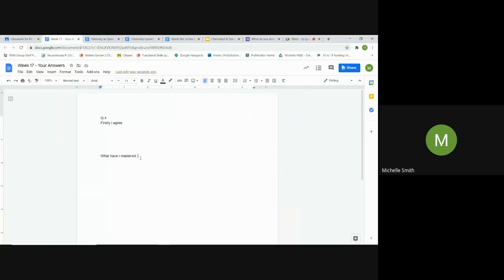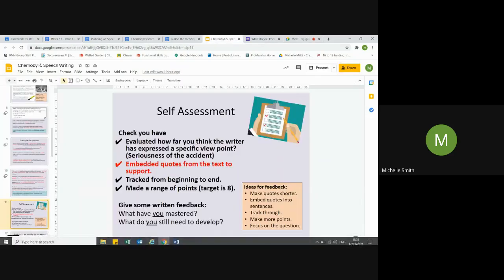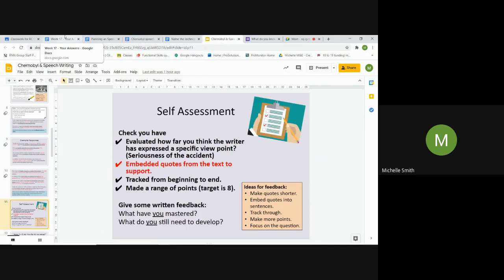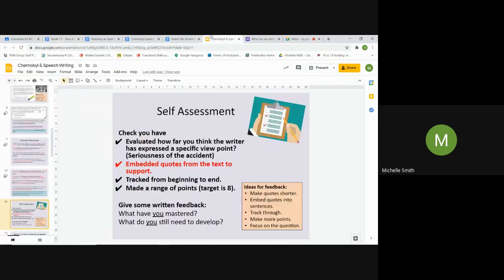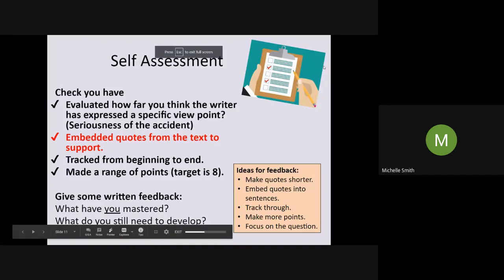So these can help us form targets as well, particularly on the second one, okay? What do we still need to develop? That's a really important one. So you're aware of your strengths and also your weaknesses, okay? So pause the video here for me, please. Do that self-assessment.